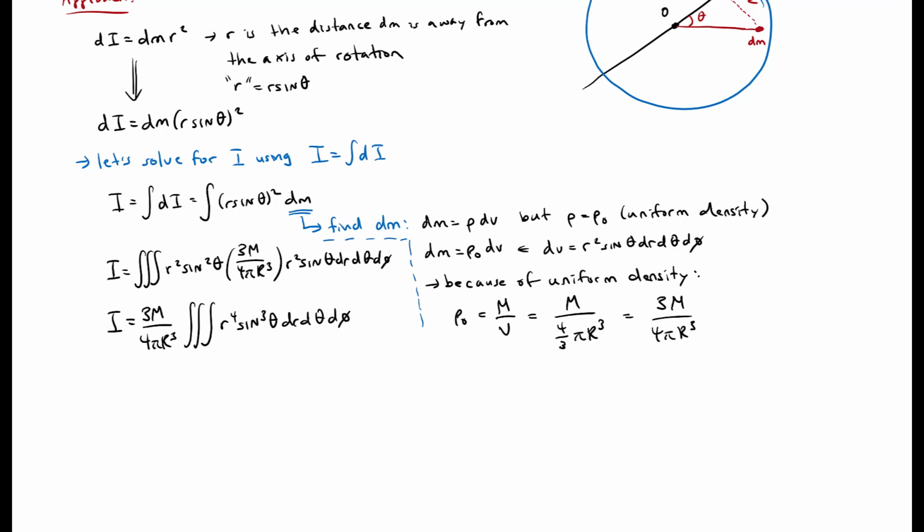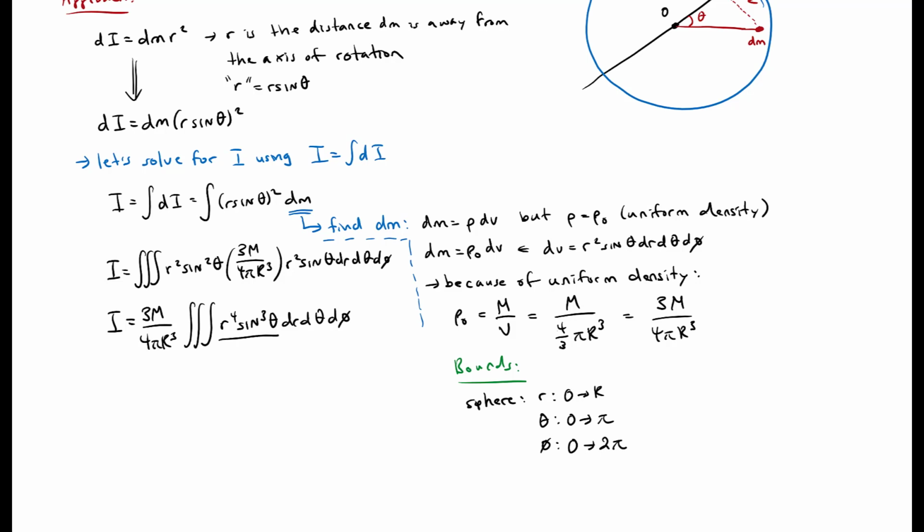Okay, so now we have to look at our bounds in order to integrate this. For a sphere, we have r, theta, and phi. We know r goes from 0 to capital R, theta goes from 0 to pi, phi goes from 0 to 2 pi.